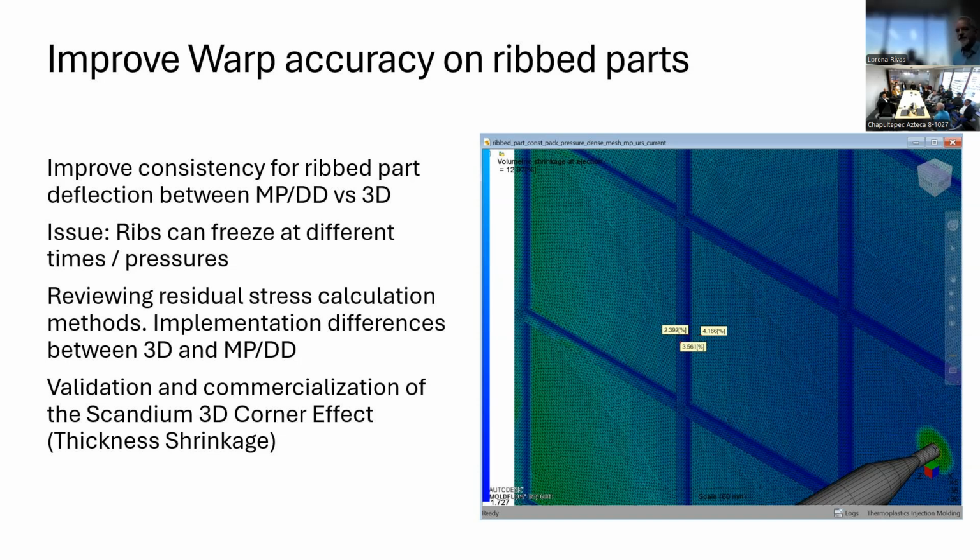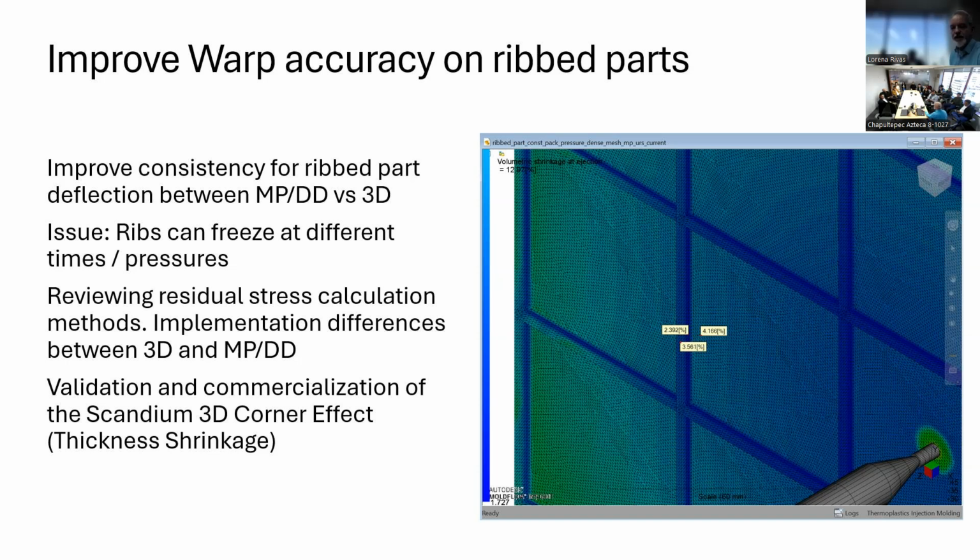Another important thing is that we are looking at improving the thickness shrinkage in 3D, which will effectively introduce something akin to a corner effect in models. In dual domain, there's an option to turn on corner effects in certain ways. With the new thickness shrinkage improvement, this should come in organically in the 3D flow solver when turned on.